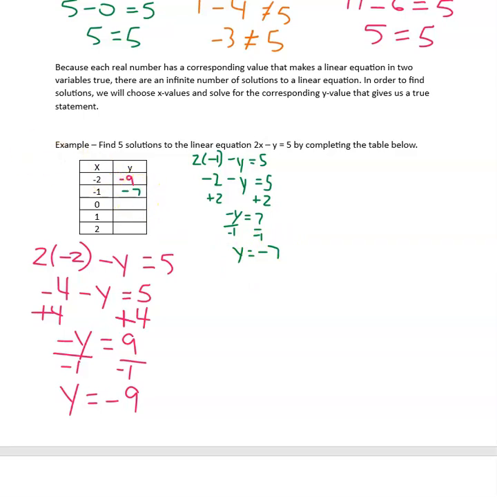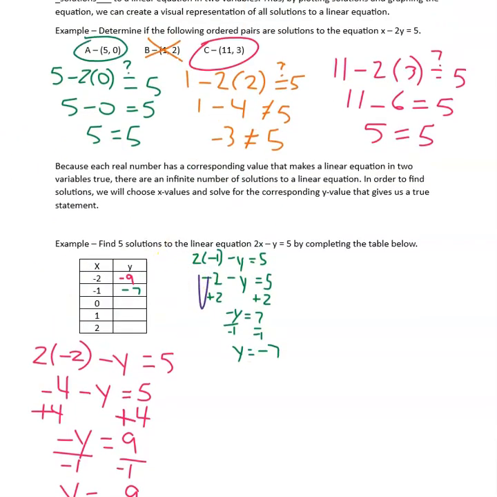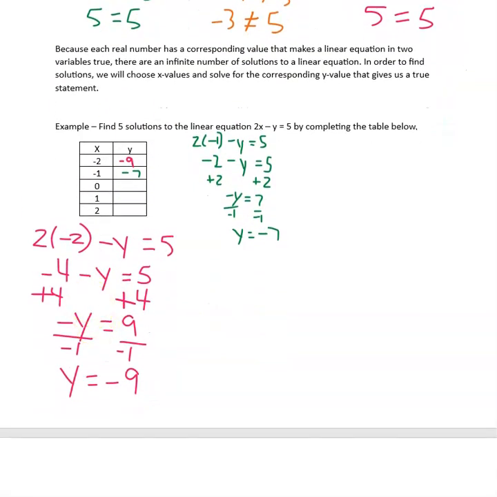Now we're going to solve for when x is 0. Again, we're going to plug in 0 for x, and then we're going to solve for y. So 2 times 0 minus y is equal to 5.